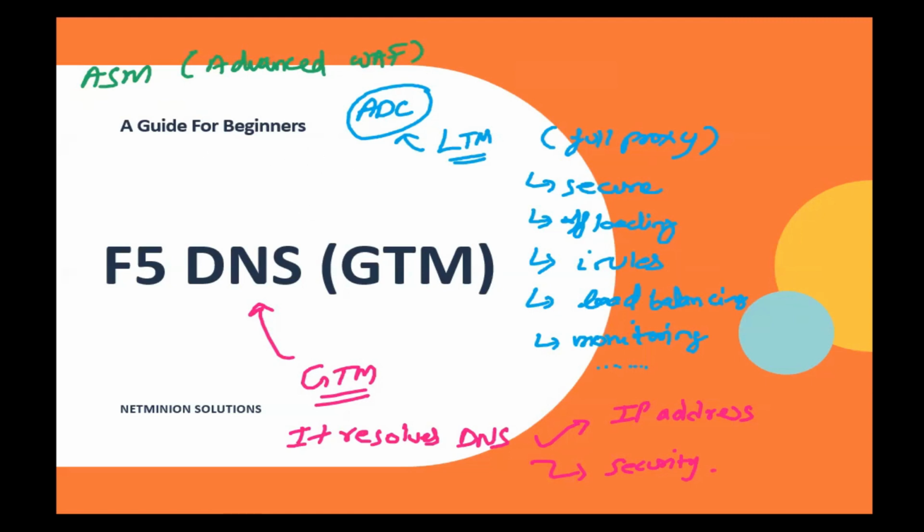Then there are more products like APM, Application Policy Manager, which provides secure and context aware policy based access control. It again centralizes and simplifies your AAA management. What is AAA? I hope everybody is aware. If not, AAA is authentication, authorization, and accounting. Not related to F5, but a general perspective.